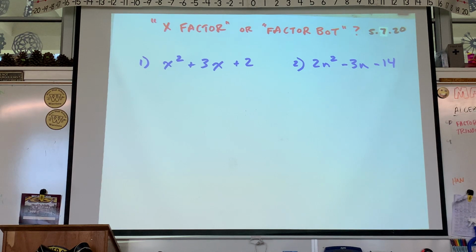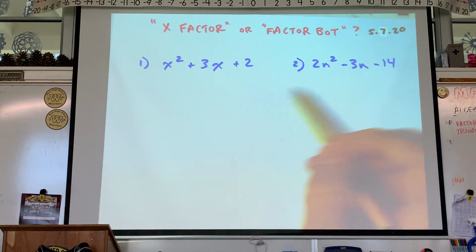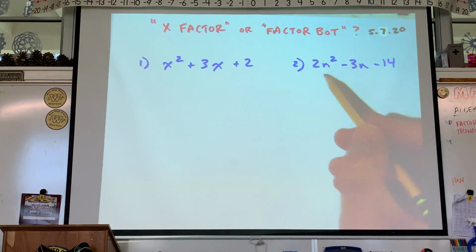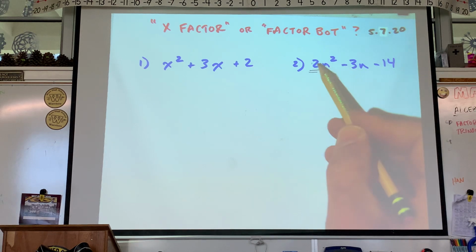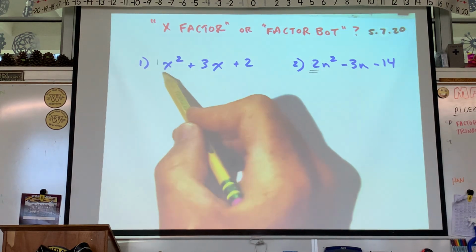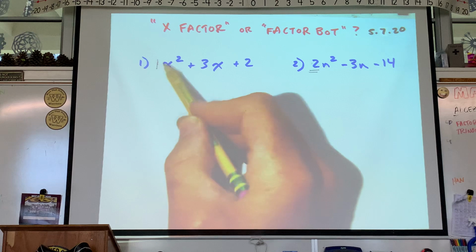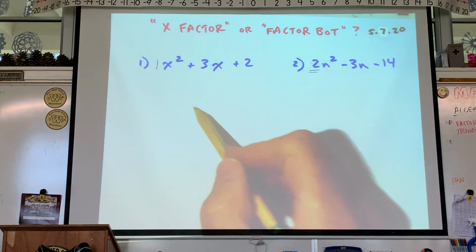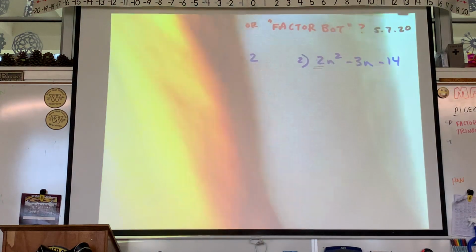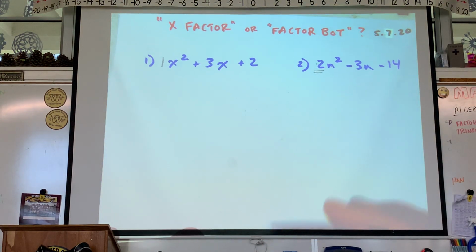What is the big thing that determines whether we do the old x factor or the factor bot? It's the coefficient of 2 before the first term of the trinomial. This is a 1 or a nothing, so this is going to be the x factor, and this is going to be the factor bot. I thought the x factor, you guys did a great job on that.